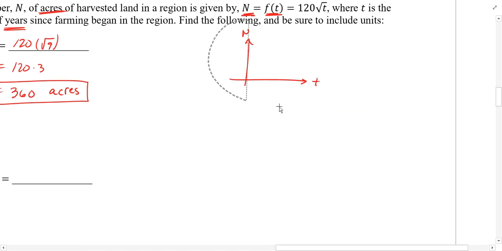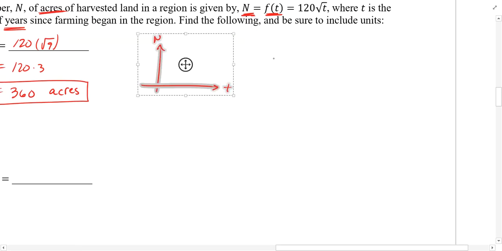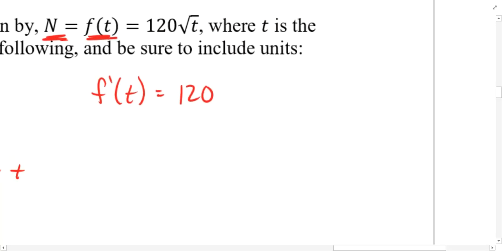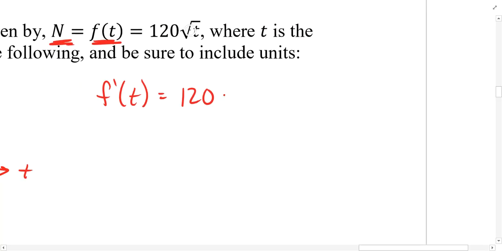F prime of 9, well, let's slide this out of the way and find our derivative. Well, the derivative, we've got a constant multiplier, 120, and we're multiplying that by the derivative of the square root of t. And I know from my derivative rules that the derivative of the square root of t, or x, would be 1 over 2 times the square root of t.